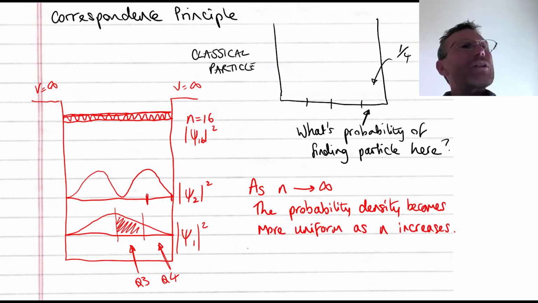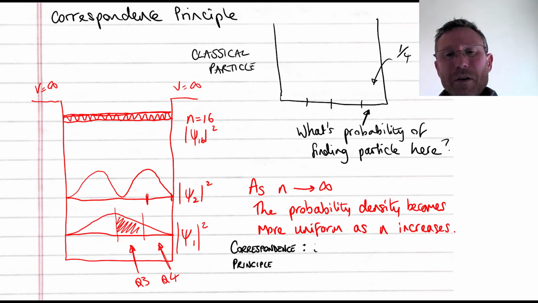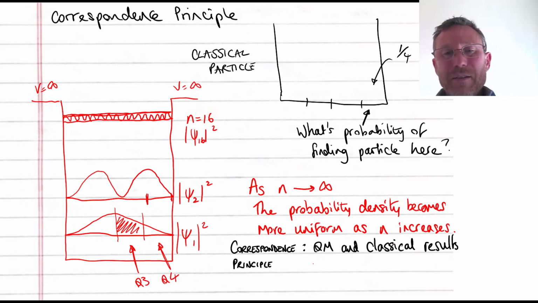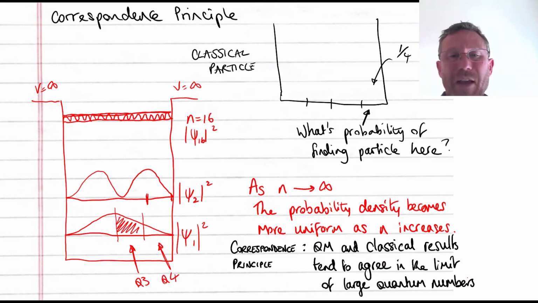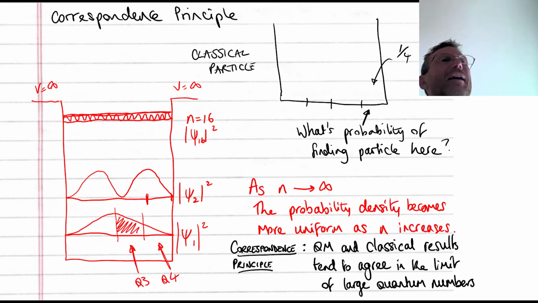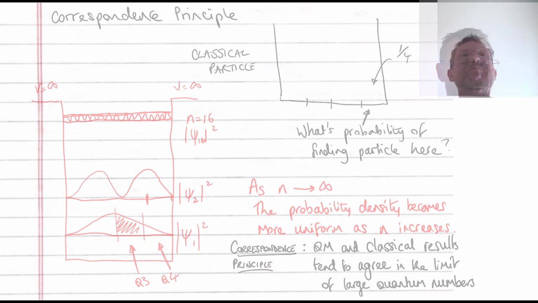So here's the correspondence principle: quantum mechanical and classical results tend to agree in the limit of large quantum numbers. Okay, so that's the correspondence principle, and that finishes this particular part of the presentation.